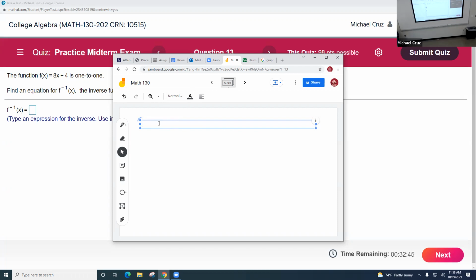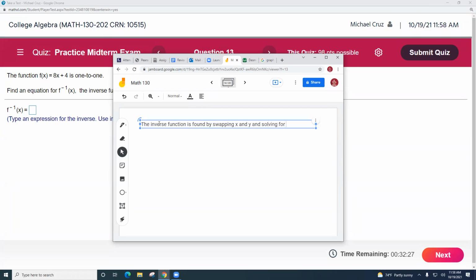F of -1, they're giving us the f over there. So the inverse function is found by replacing or swapping.